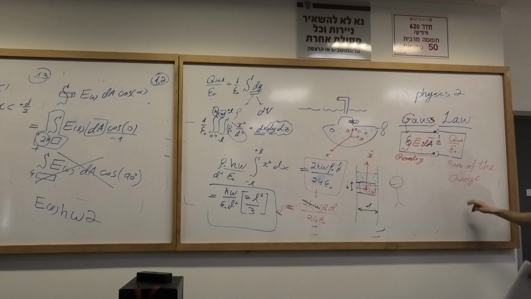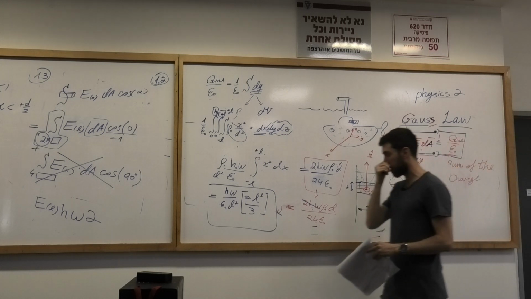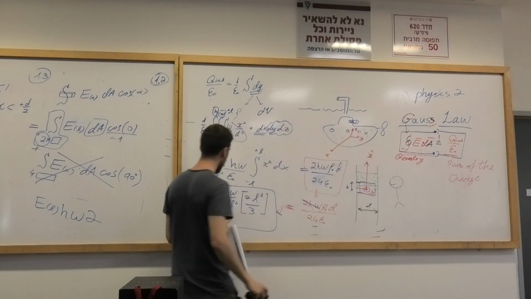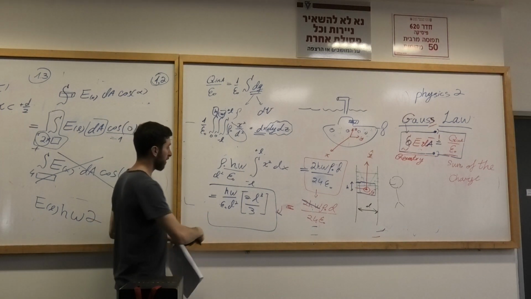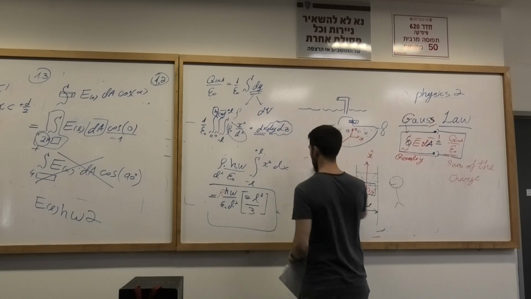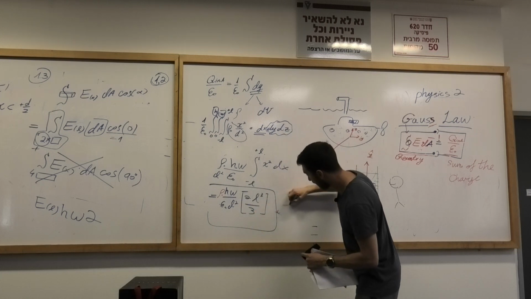Understood? We're always going to compare them. Aren't we missing a rho 0 in the expression? Yes, thank you.